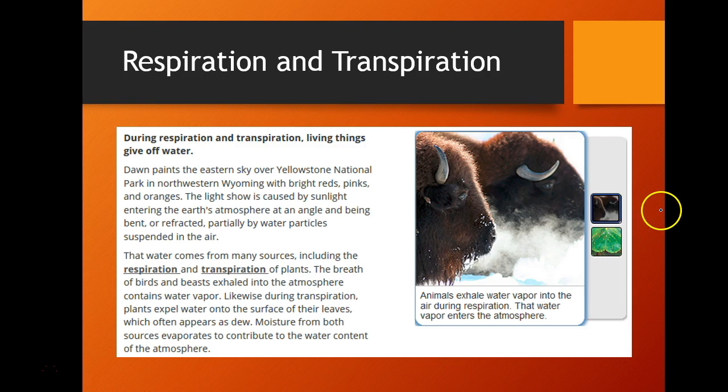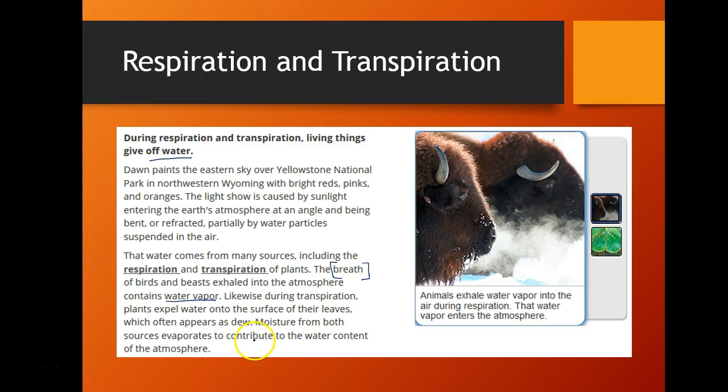Respiration and transpiration are both ways that living things give off water. For respiration, an example would be the breath of different animals exhaled into the atmosphere in the form of water vapor.